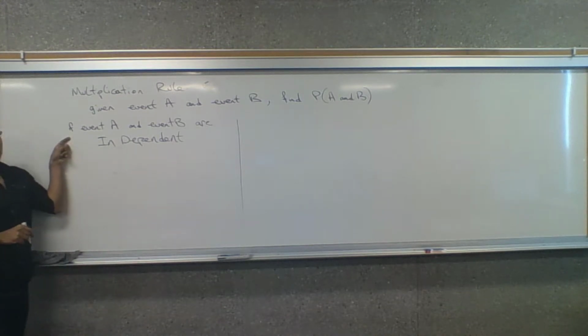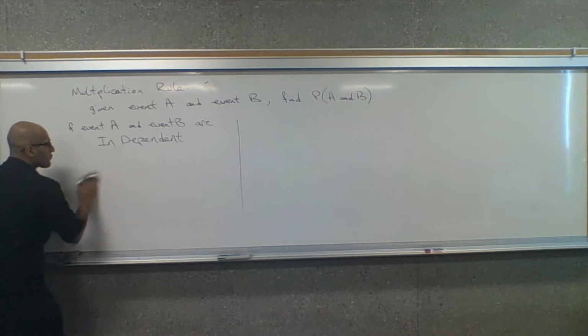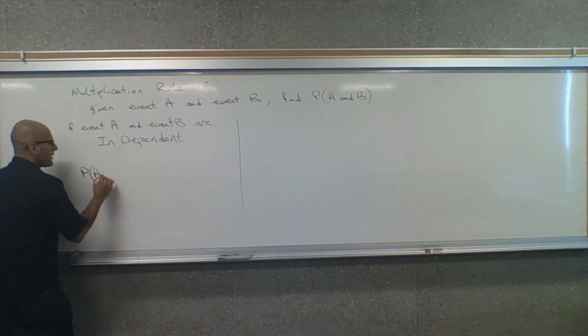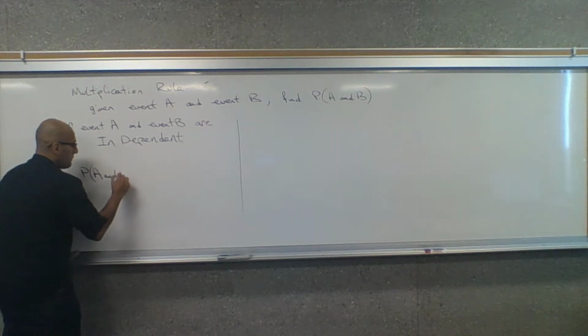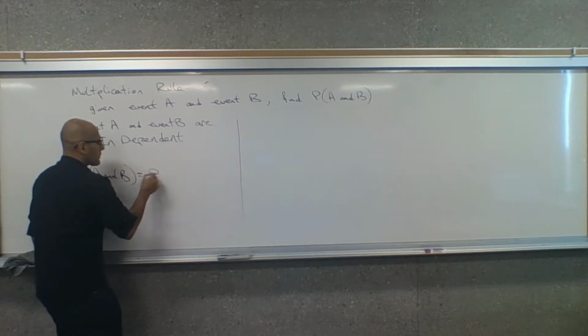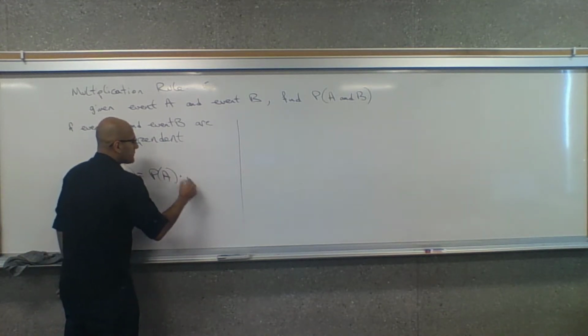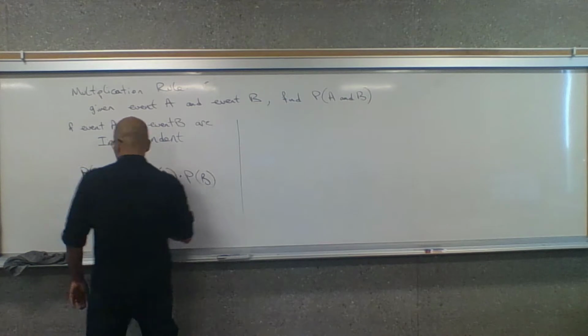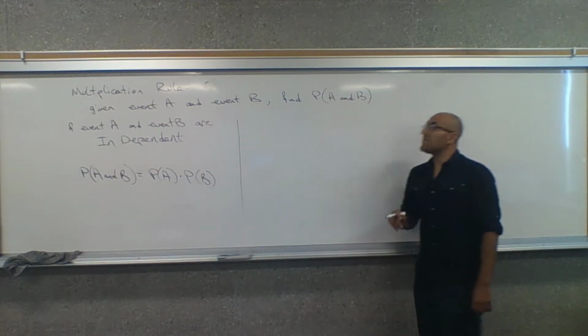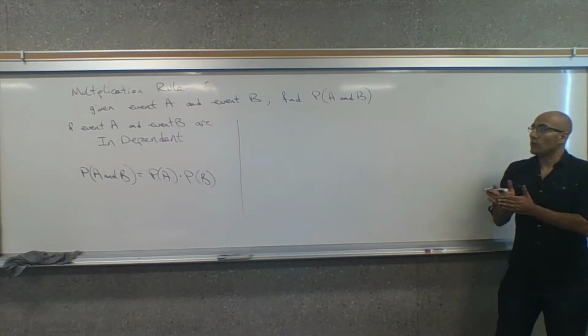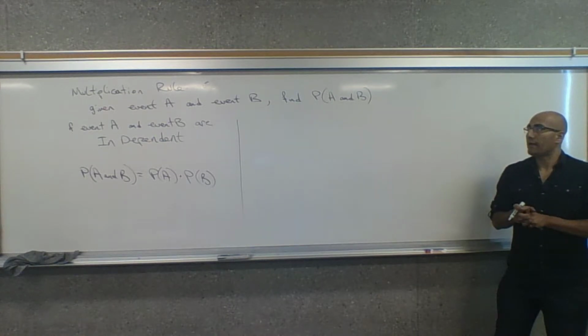If event A and event B are independent, then the rule is really easy. The probability of A and B is equal to the probability of A times the probability of B. So if we know that they're independent, very easy rule, right? Just multiply them like that.